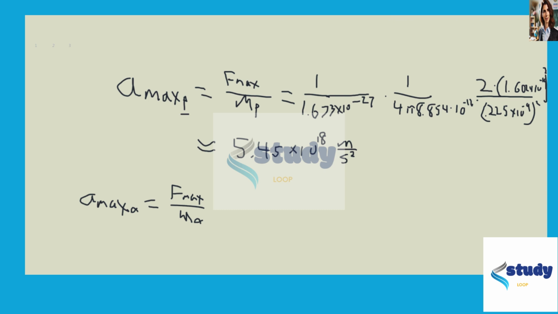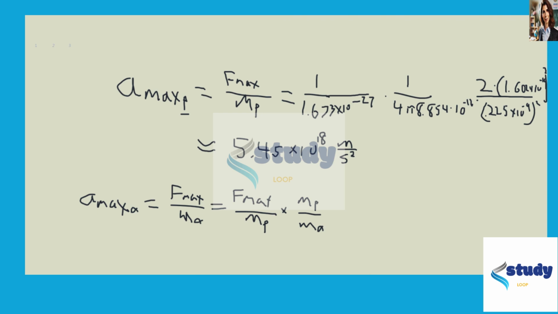And now we could just plug this all in again, but to save us a little bit of work, let's just write this as F max of the alpha particle divided by the mass of the proton, because that's what we know. That's this thing we just calculated, and then just multiply it by mass of proton divided by mass of the alpha particle. So this equals this just because we multiplied by mass of proton divided by mass of proton, which is 1. And we know this part is this answer we just calculated.